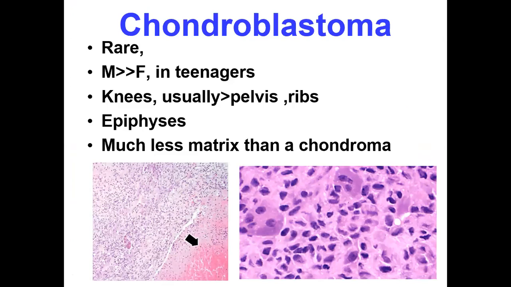Then is chondroblastoma. It is rare. Males are affected more commonly than females. Age is teenagers. Knees and usually the pelvis and ribs are affected. Chondroblastoma, epiphysis, much less matrix than a chondroma.